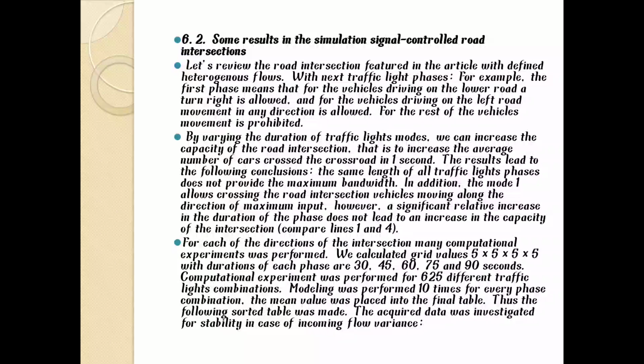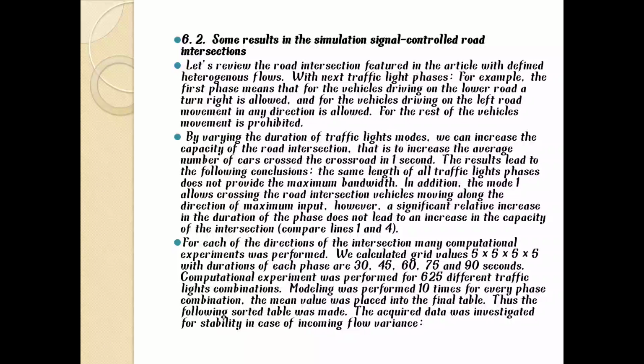By varying the duration of traffic light modes, we can increase the capacity of the road intersection, that is, increase the average number of cars crossing the intersection in 1 second. The results lead to the following conclusions. The same length of all traffic light phases does not provide the maximum bandwidth.